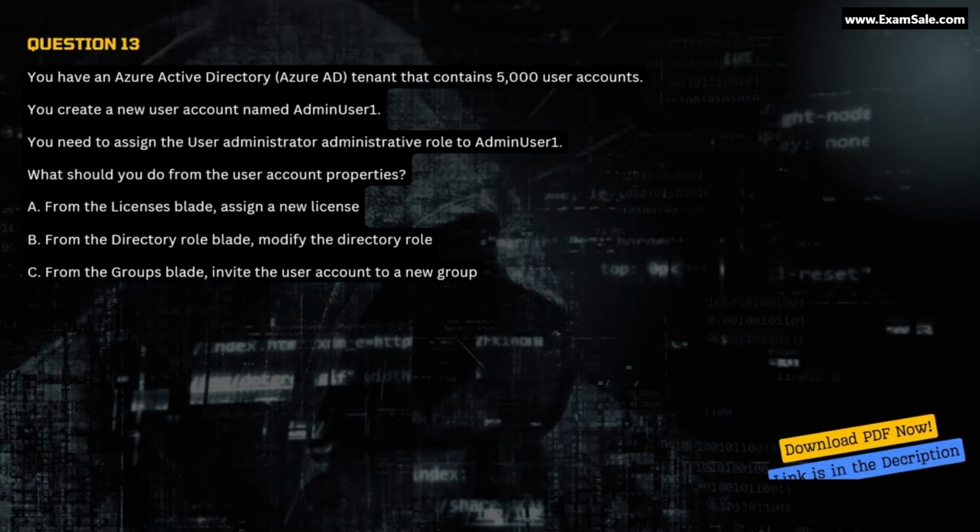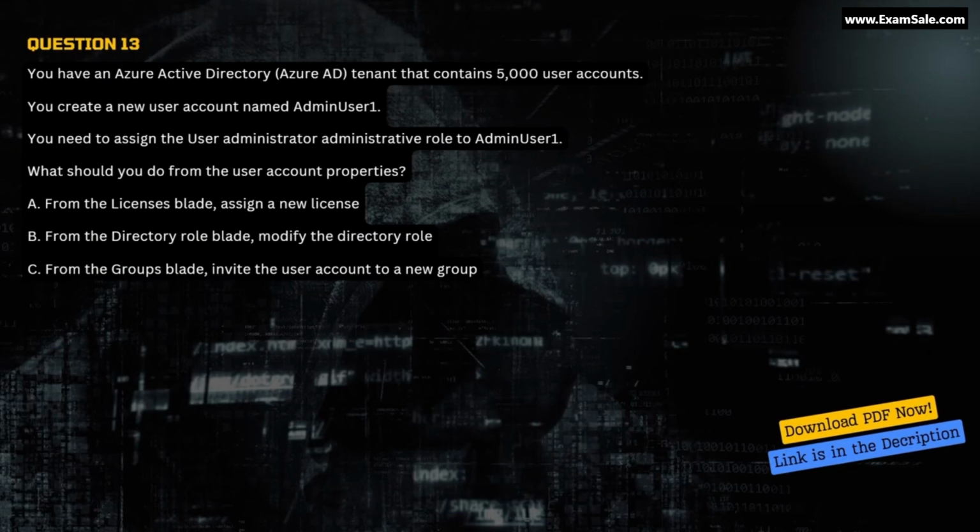Question 13. You have an Azure Active Directory, Azure AD, tenant that contains 5,000 user accounts. You create a new user account named Admin User 1. You need to assign the user administrator administrative role to Admin User 1. What should you do from the user account properties? A. From the licenses blade, assign a new license.